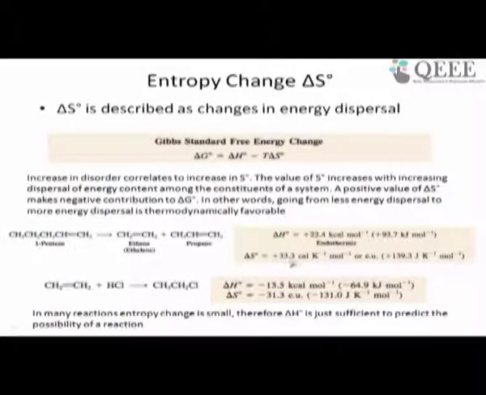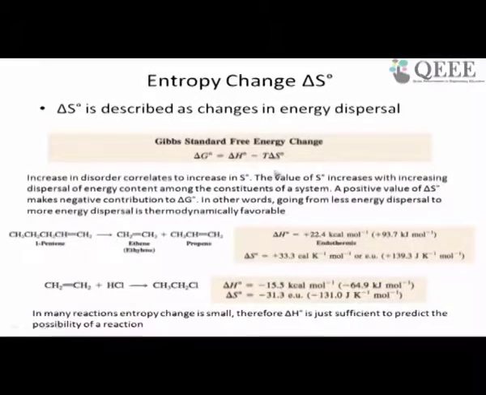However, you have to notice that delta S is associated with temperature, so you will always have to multiply it with the temperature. At 25 degrees, 298 Kelvin, that will definitely give a significant value here. By substituting these two values, you can say whether this reaction will happen at room temperature or not.